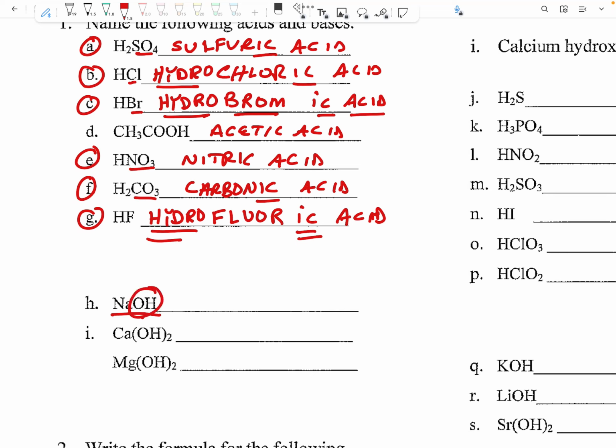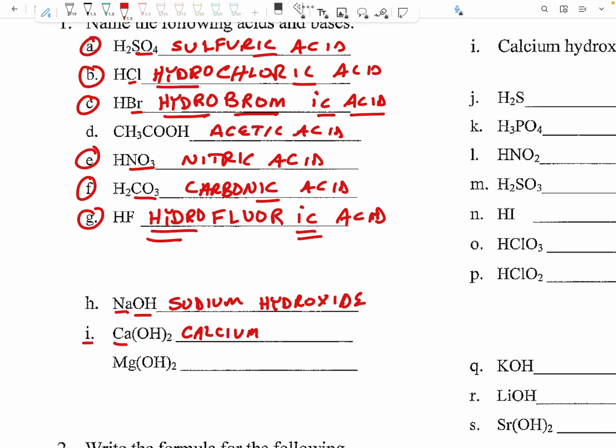And the way that you name bases like that, when you see the formula, is simply just writing the name of the metal in the front, which is sodium, and then the name of the anion, which is your hydroxide, so you write hydroxide. Sodium hydroxide is your base. We see the OH at the end. Same thing here in I. We have calcium.